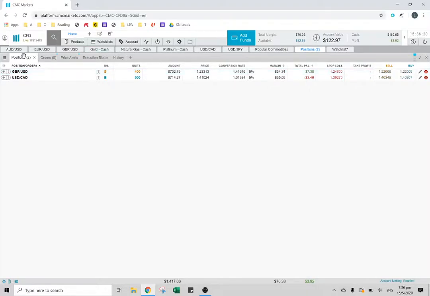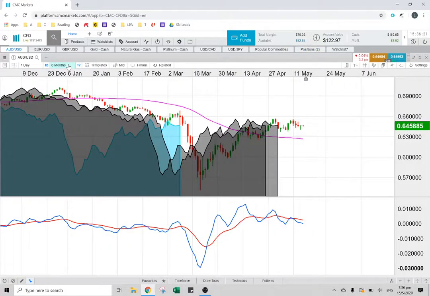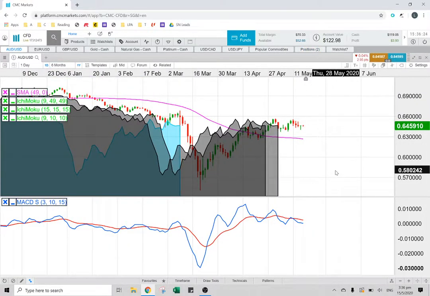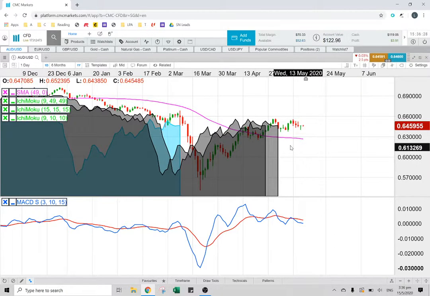All right. So first off is Aussie dollar. Lines are pretty flat, as you see, based on the 49 SMA. Over the next couple of days, with the price continuing to stay here, we will start to see the lines get very flat and might even turn up. So we might be looking at a buying opportunity for Aussie dollar over the next 1-2 weeks. We need to find some kind of buying opportunity.